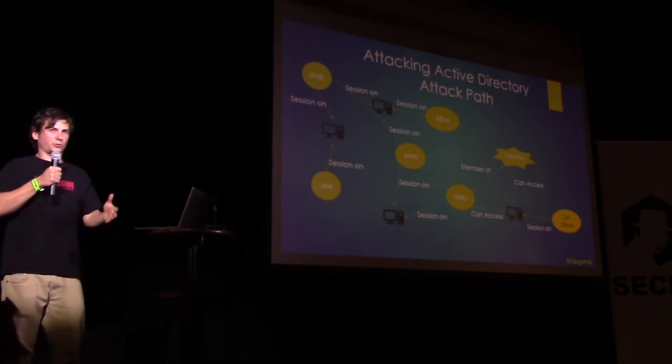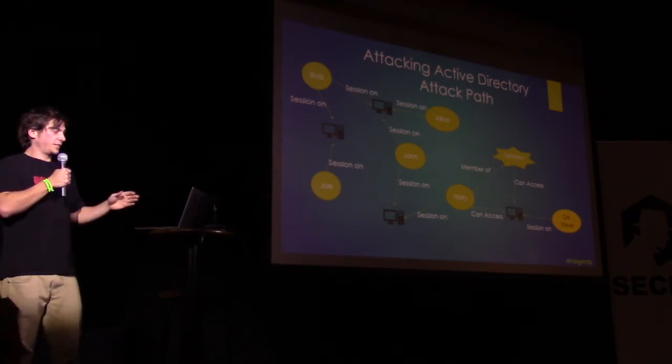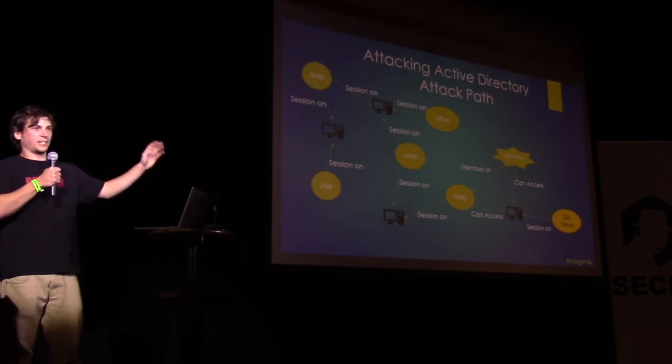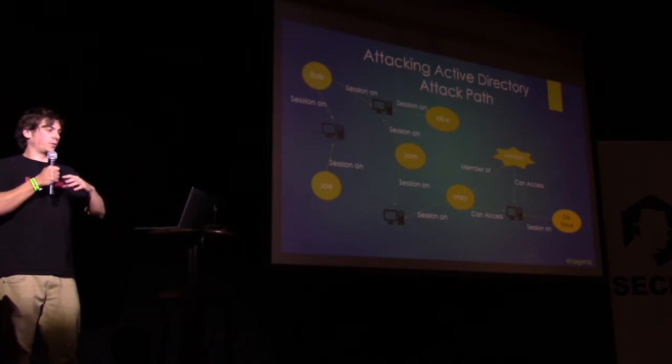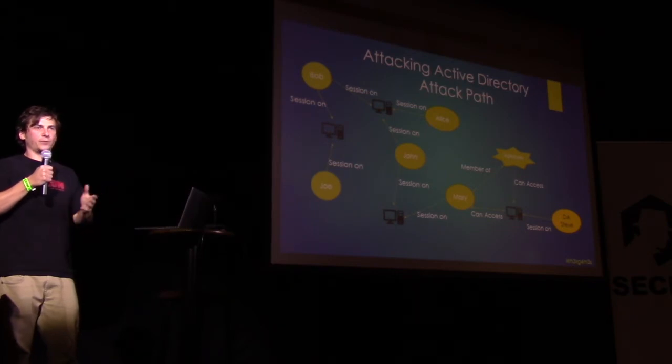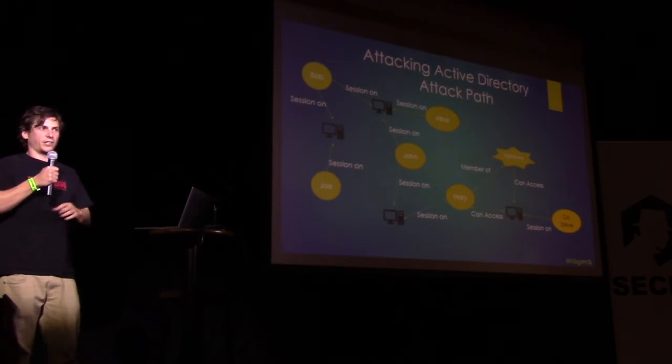That's where some of these new tools are coming in, where once I really just have Bob's access to the network, I can just query Active Directory for where all this information is. And that's just as a regular domain user. That's the scary part about it, that anyone can ask the domain controller who's got sessions where, what permissions they have and what groups they have.